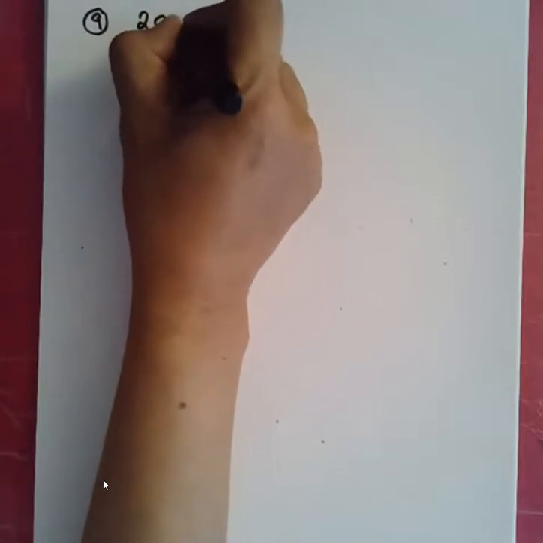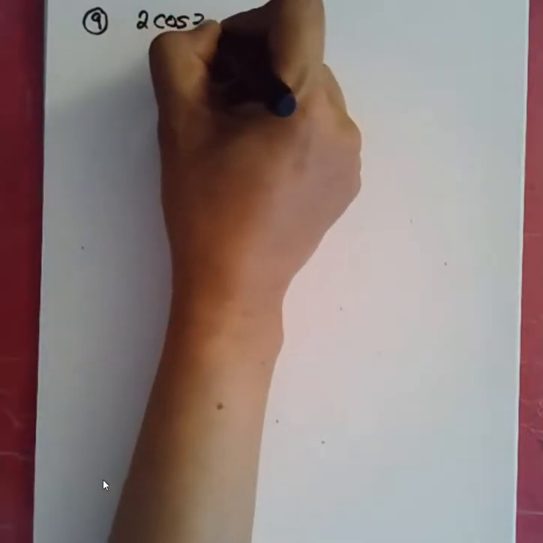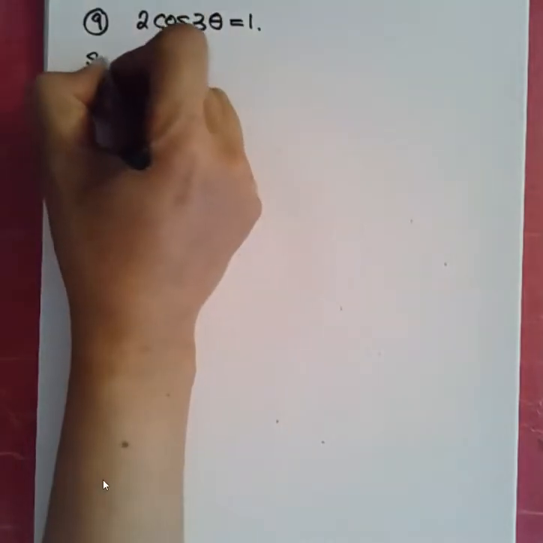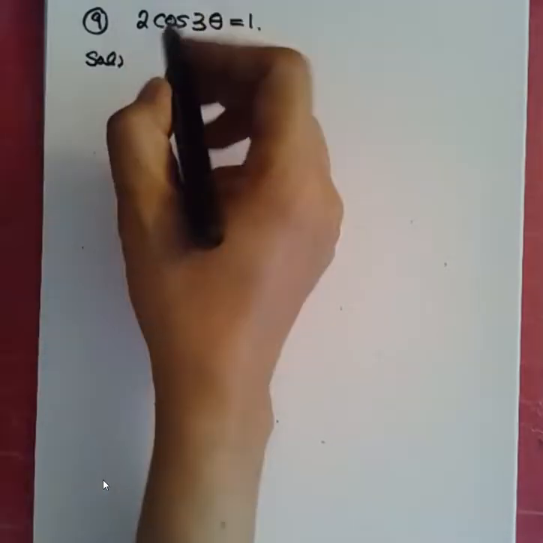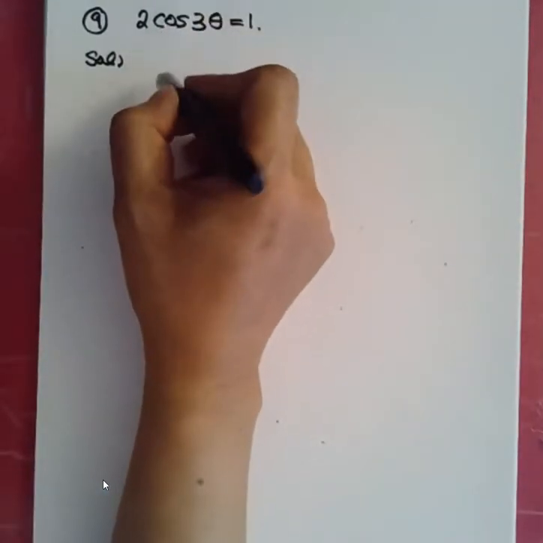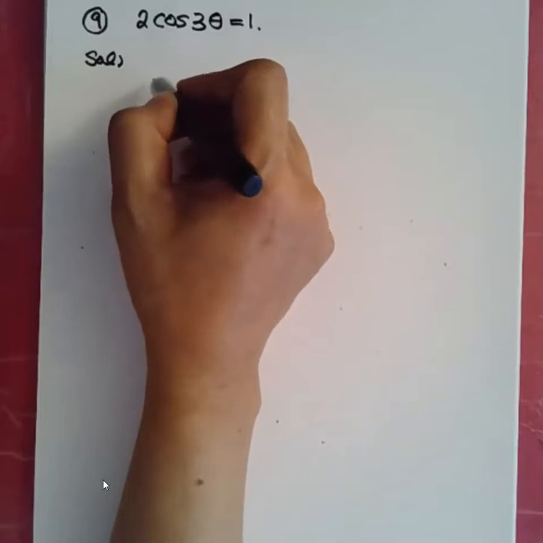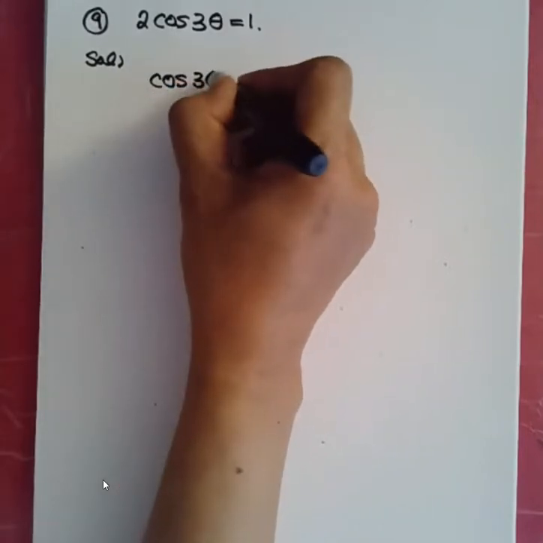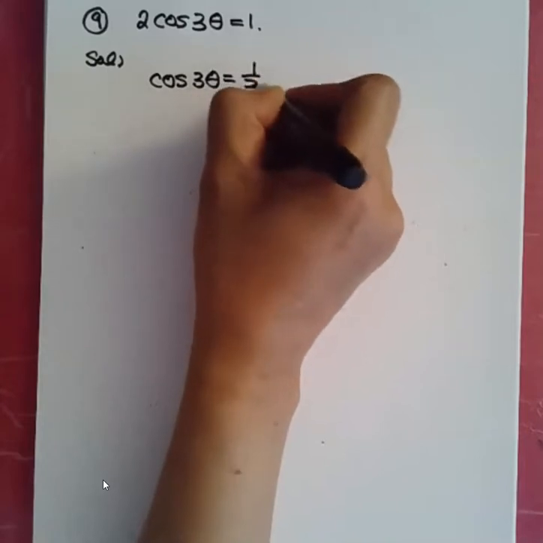Two times cosine of 3 theta equals 1. As we did, we will solve for cosine of 3 theta. Then cosine of 3 theta will become 1 over 2.